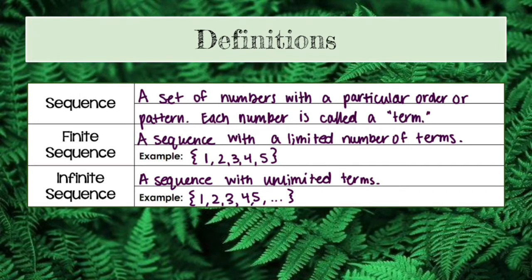And also, this is the proper way to write a sequence. Then an infinite sequence is a sequence with unlimited terms. And all we did to signify that is we added this ... so that we could see that this pattern continues and the sequence goes on forever.